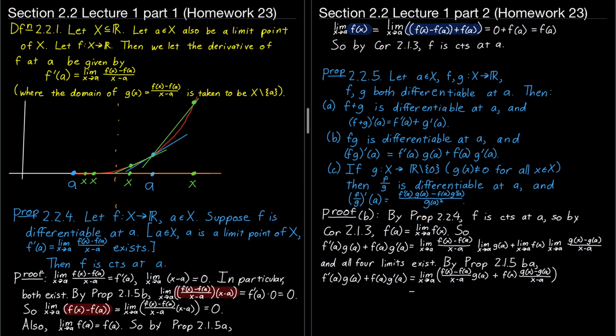And then we can simplify the inside a little bit. I'm going to distribute this g of a in, f of x g of a minus f of a g of a.